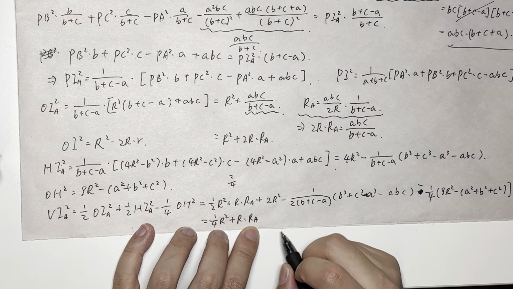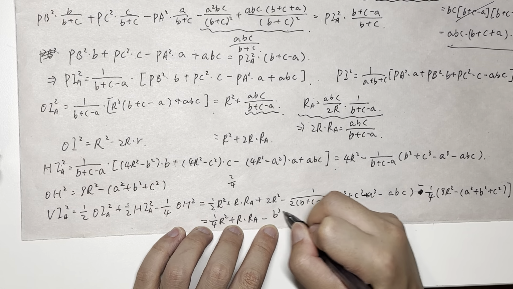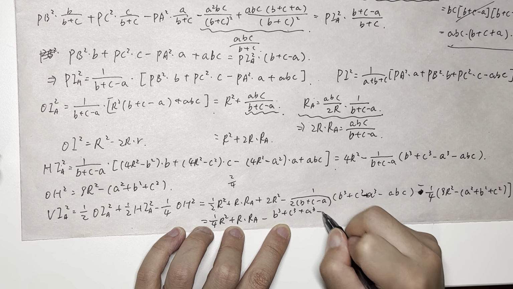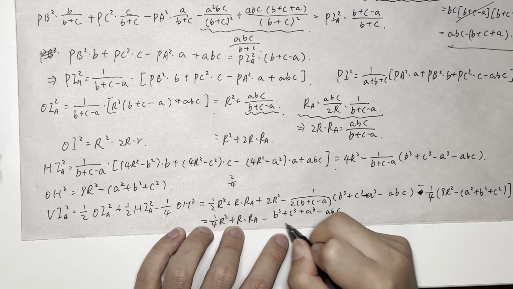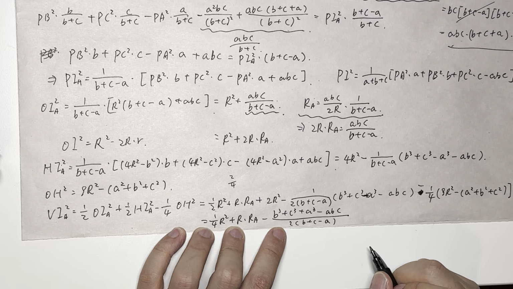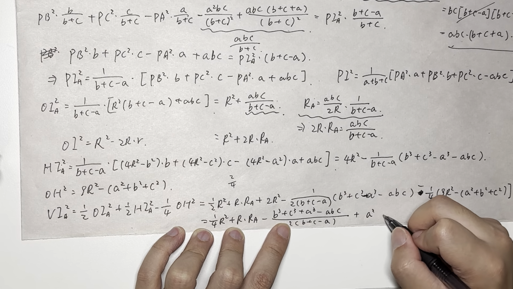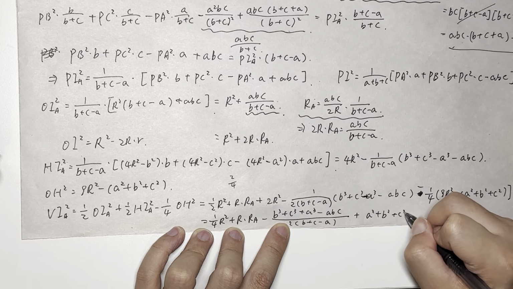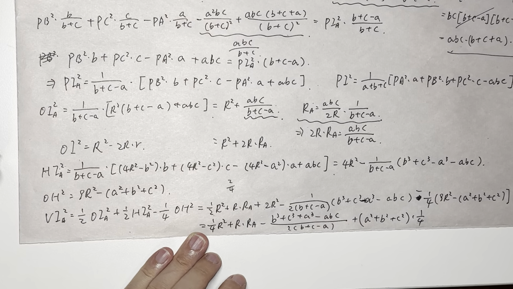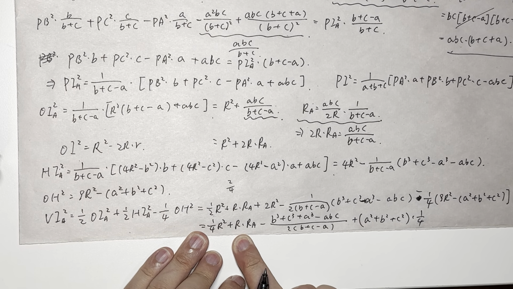And then the rest part would be minus b to the power 3 plus c to the power 3 plus a to the power 3 minus abc, 2 of b plus c minus a, and then plus a squared plus b squared plus c squared, right? This one times 1 over 4. Okay, now look at here.